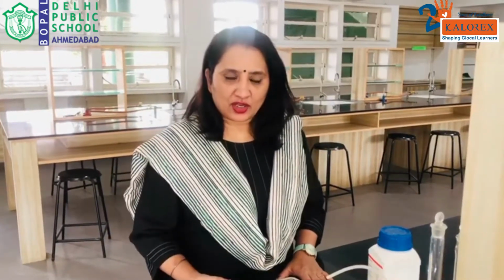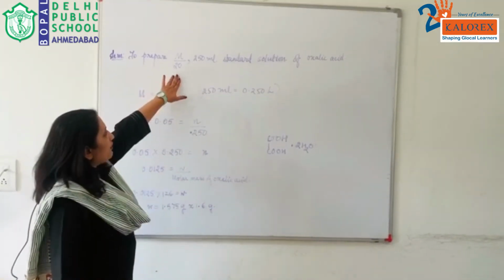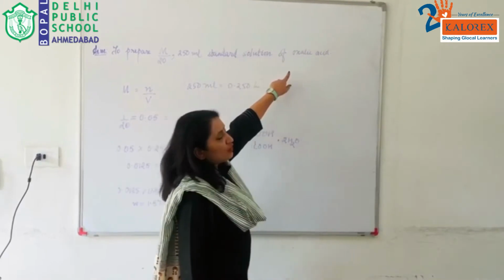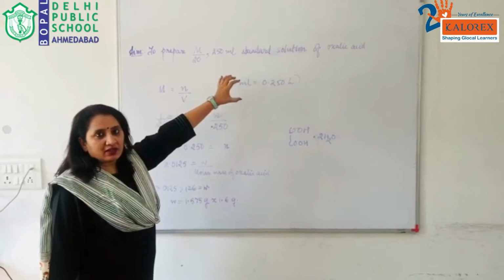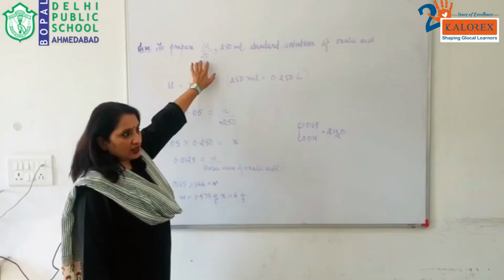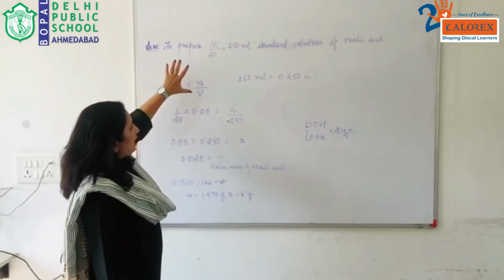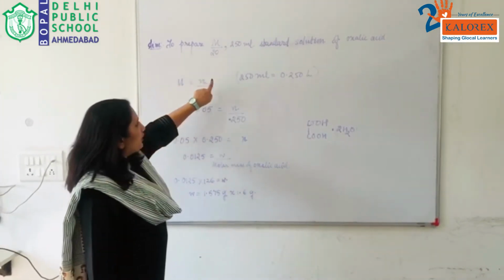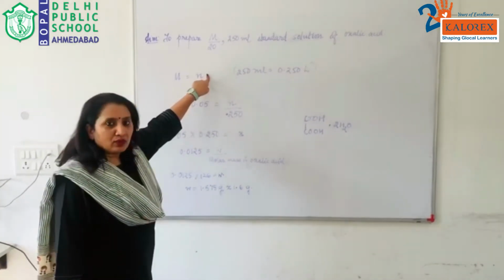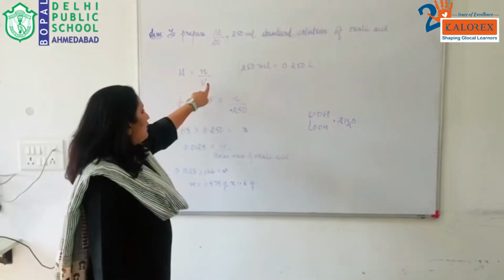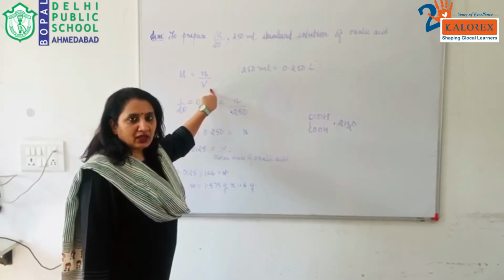So let us do the calculations. As you can see, our aim of the experiment is to prepare M/20 250 ml standard solution of oxalic acid. How much oxalic acid crystals are required for this preparation? Here I have written, molarity is equal to n by V, which we already know. n is the number of moles of the solute, and V stands for the volume of the solution taken in liters.